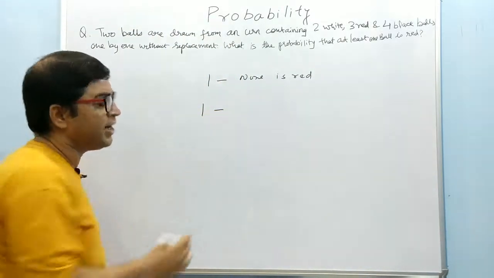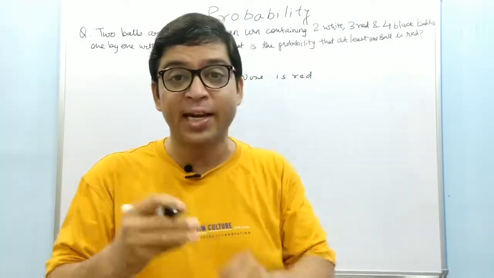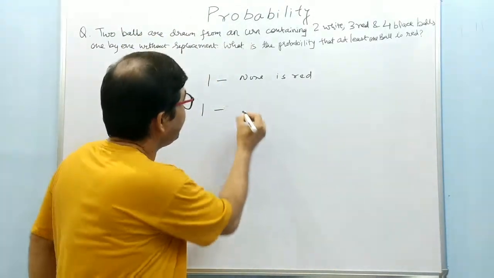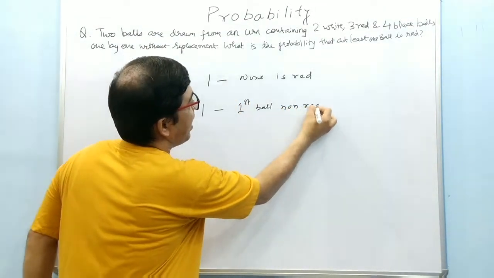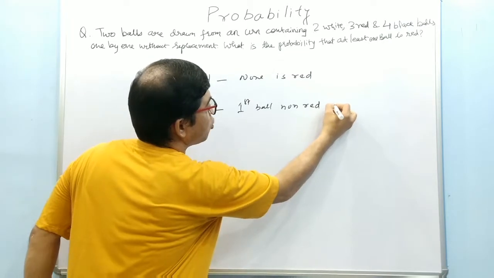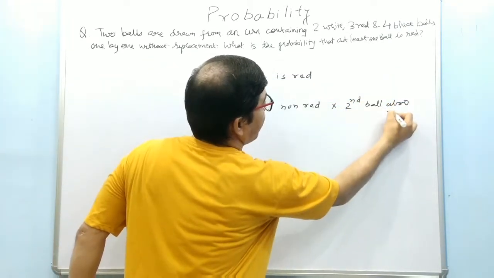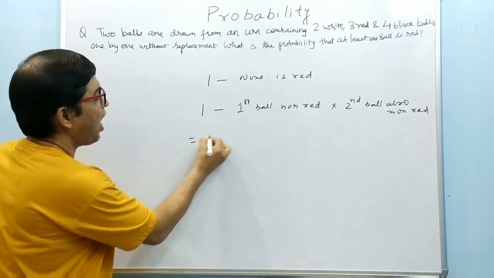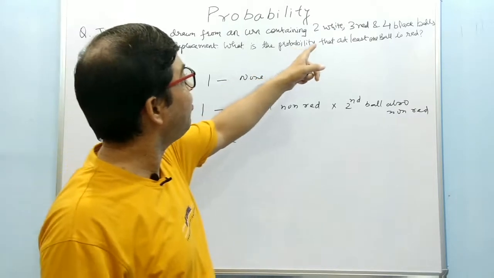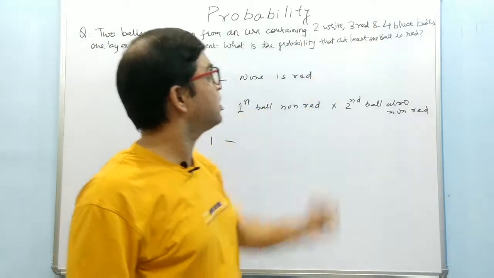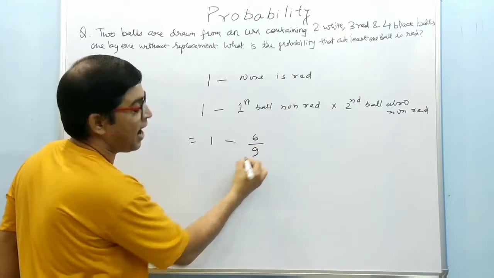1 minus none is red, that means first is non-red and second is also non-red. We will write first ball non-red into second ball also non-red. Now just see, how can I draw a ball which is non-red? Non-red balls are 2 plus 4, 6, so 6 by total 9.